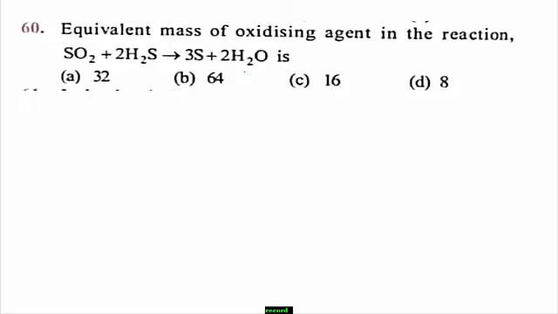Students, remember this one: the oxidizing agent in the given reaction is sulfur dioxide. When we write the reduction half reaction, it is SO2 to S, meaning a gain of 4 electrons.